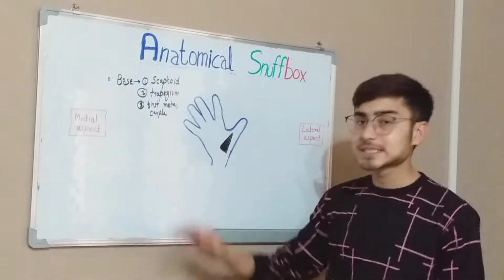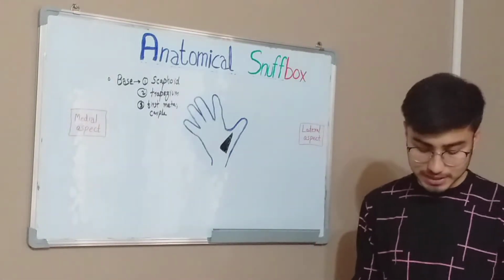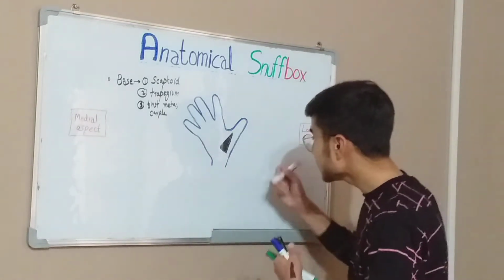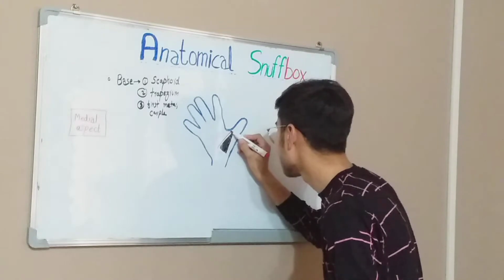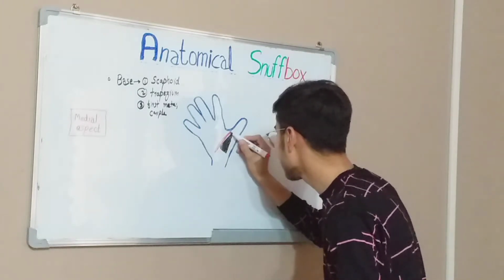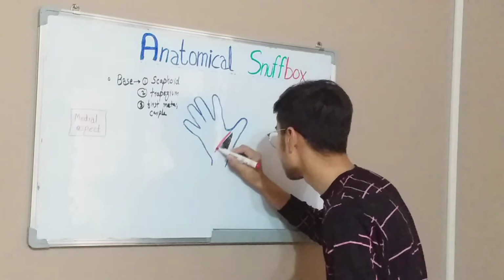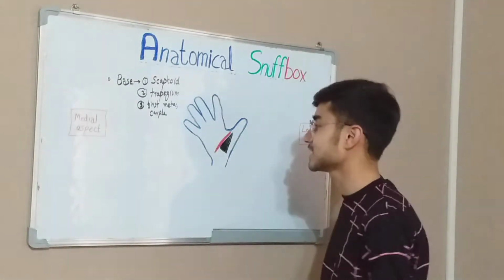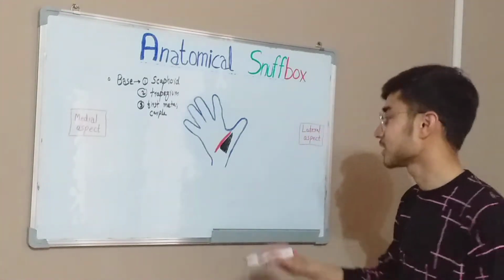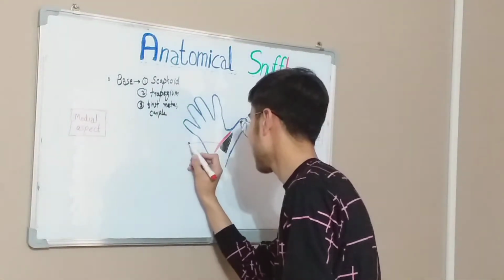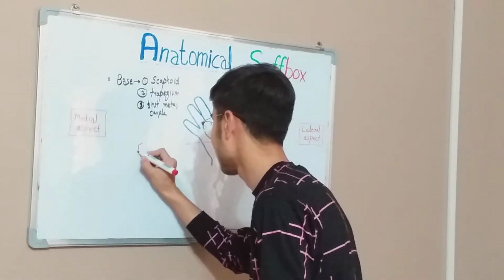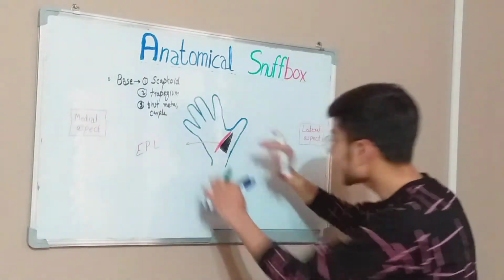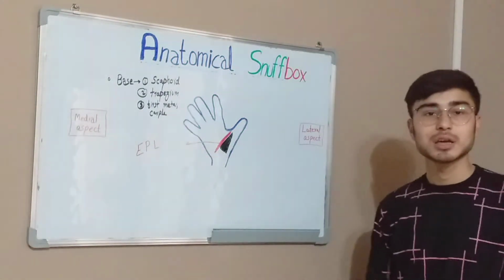The medial boundary is formed by one muscle, the extensor pollicis longus. This is the tendon of the extensor pollicis longus muscle, right?